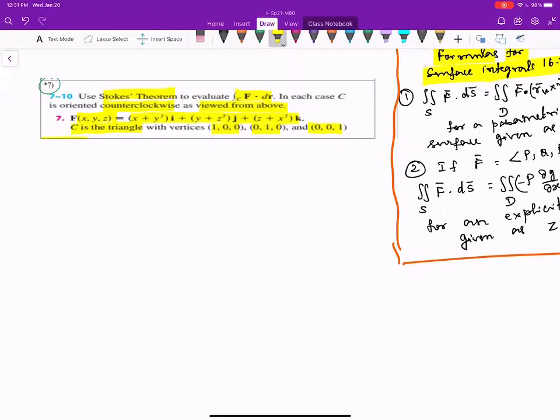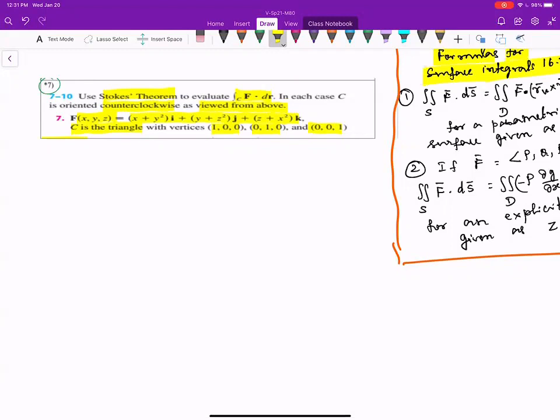So here we are going to use Stokes theorem to evaluate integral over C F dot dr. And you are given that C is oriented counterclockwise viewed from above. You are given F, and the curve C is a triangle with vertices 1, 0, 0, 0, 1, 0, and 0, 0, 1.